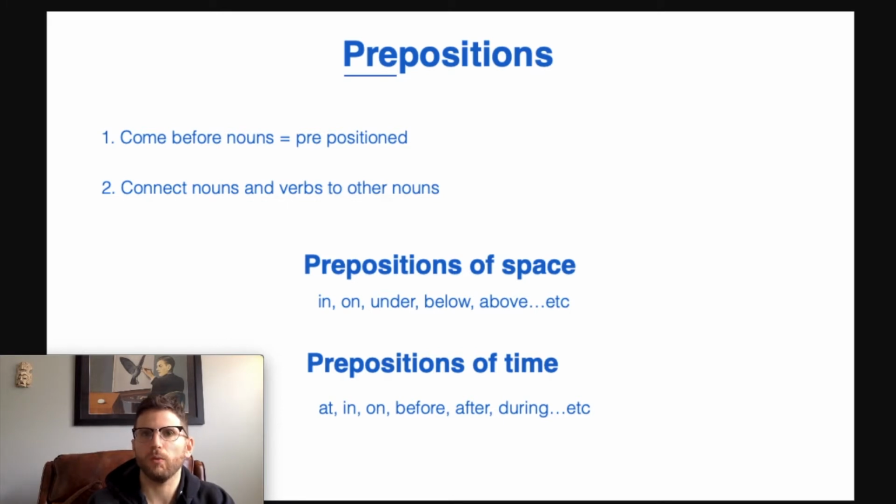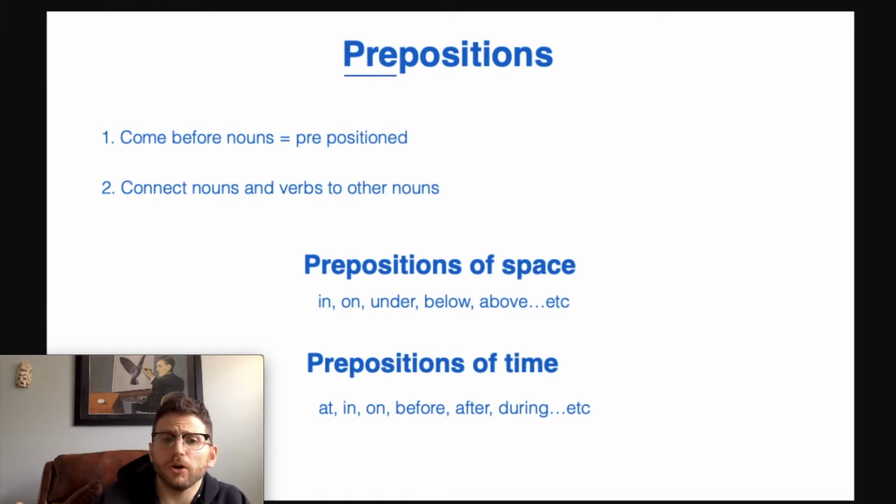What I mean by prepositions of space is that they are showing relationships with nouns in space. For example, in, on, under, below, above, etc. Etc. is not a preposition. I'm just saying the list goes on.